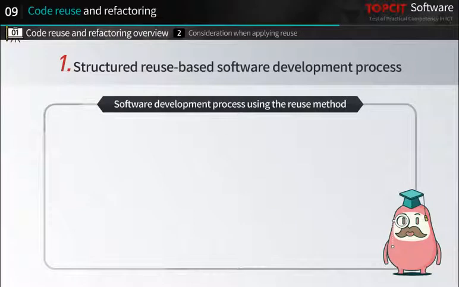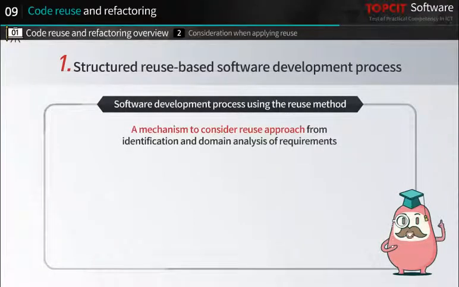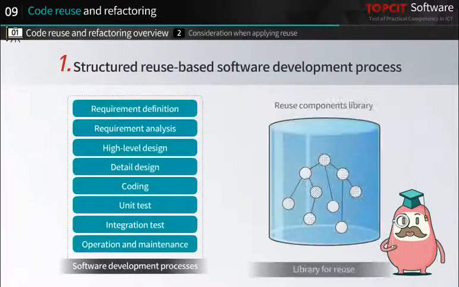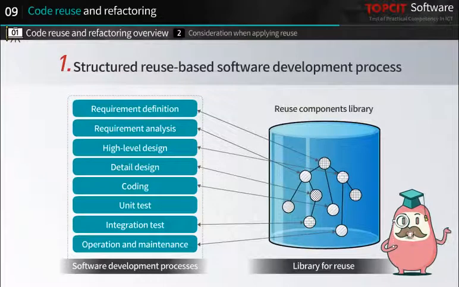The software development process using the reuse method should be presented as a mechanism to consider the reuse approach from identification and domain analysis of requirements. In particular, software development processes must consider the reuse approach because software must be developed with interoperability with libraries that manage reusable components. The conceptual diagram of the interaction between the reuse-based software development process and the library is shown below.